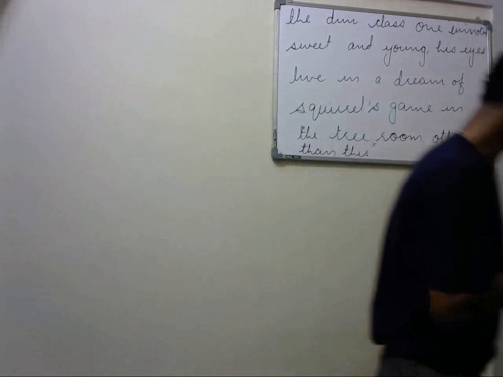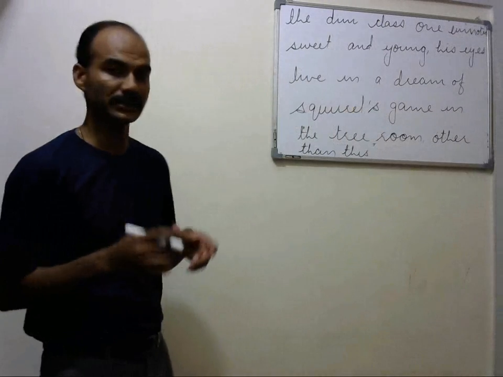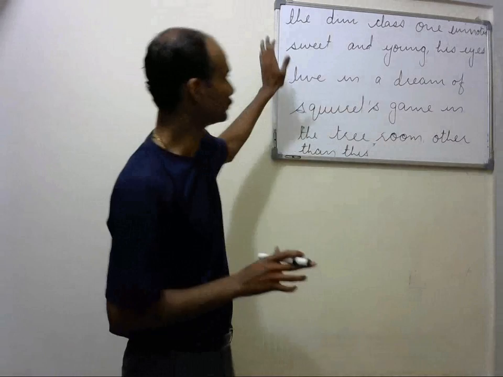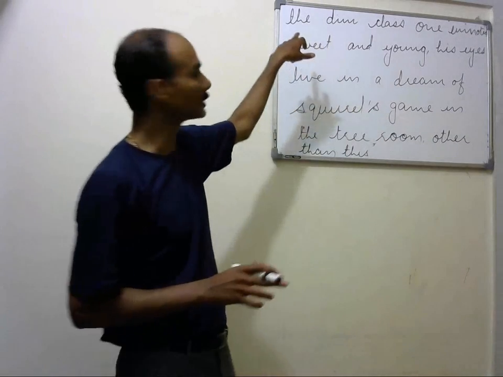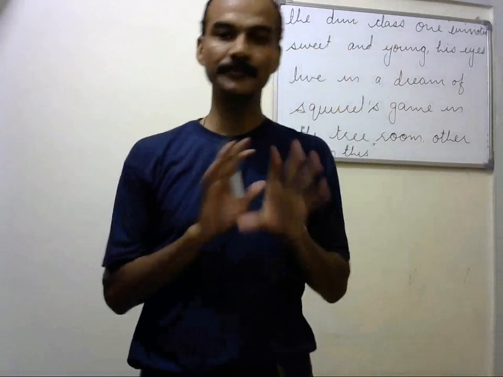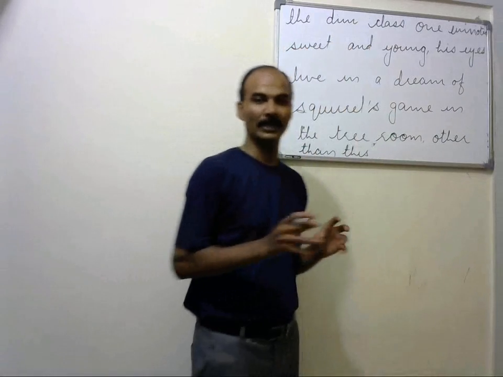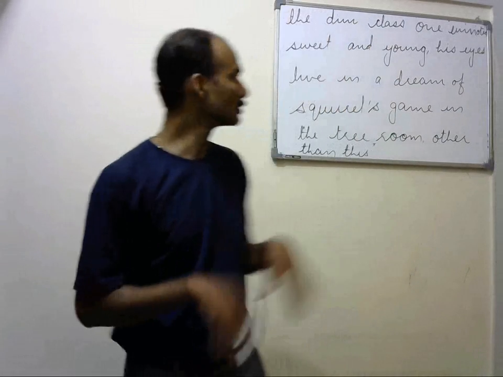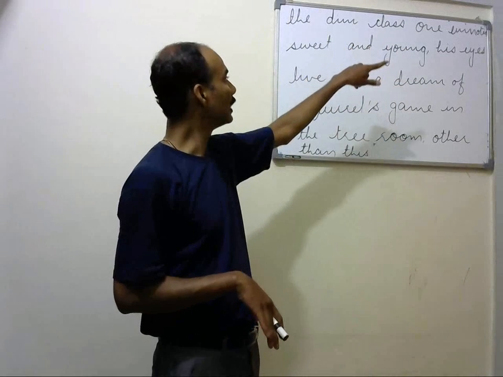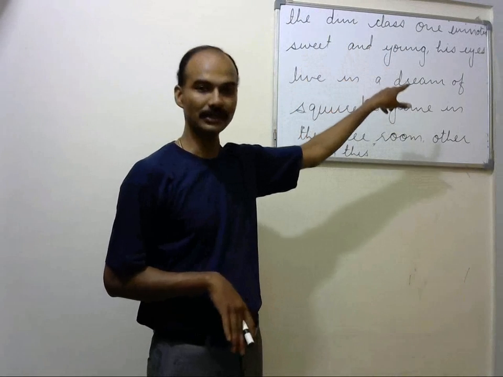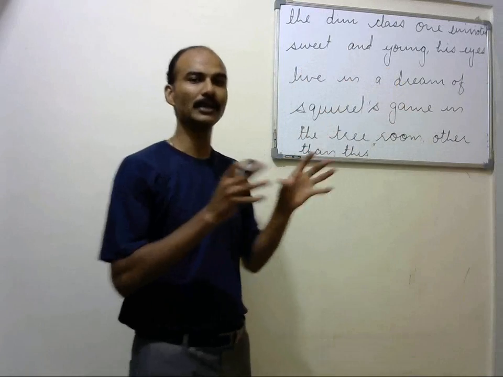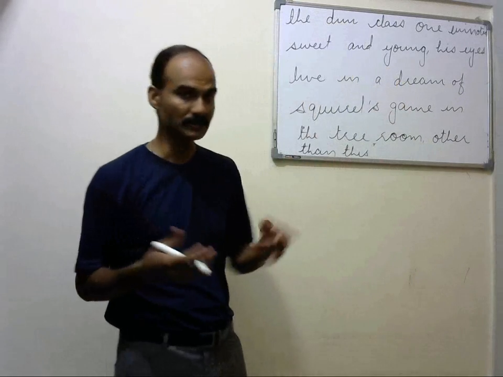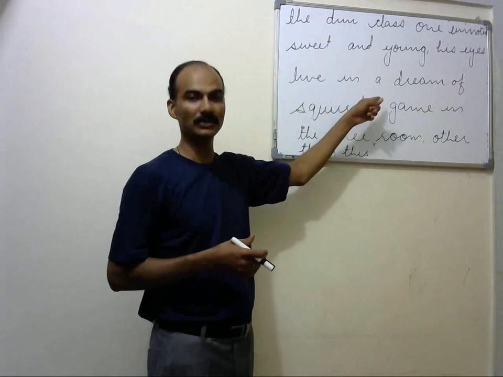Here, this last image, as I said, the poet is trying to convey hope through this image. And how? At the back of the dim class. That means the class is all dim, there is no proper facility of lighting, it's all dark. One unnoted, sweet and young. Now when a child is sweet, he should be noticed, but here he is unnoticed.